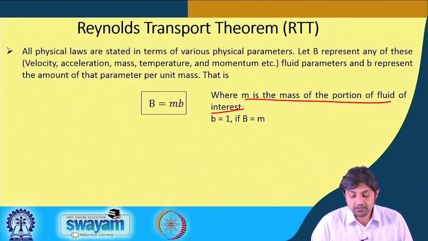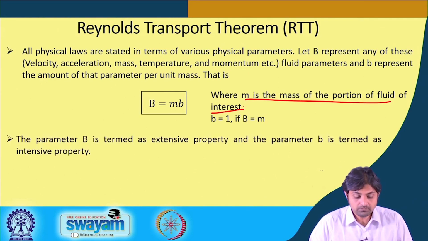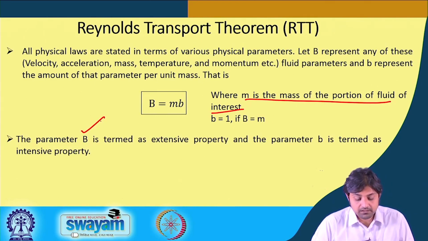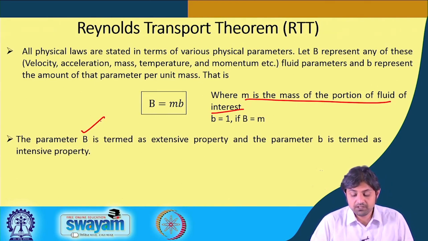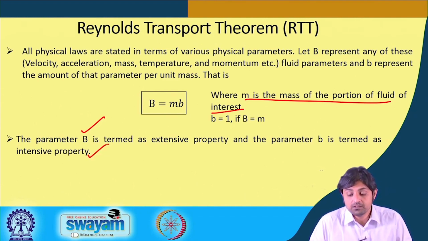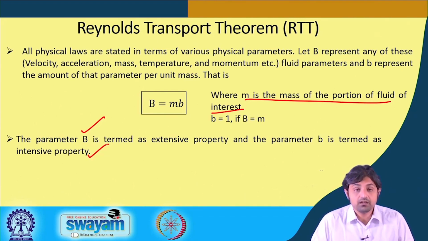Small b will be 1 if capital B is equal to m. So, small b is the amount of that parameter per unit mass, alright. The parameter capital B is termed an extensive property, and the parameter small b is termed an intensive property, because it is the parameter per unit mass.